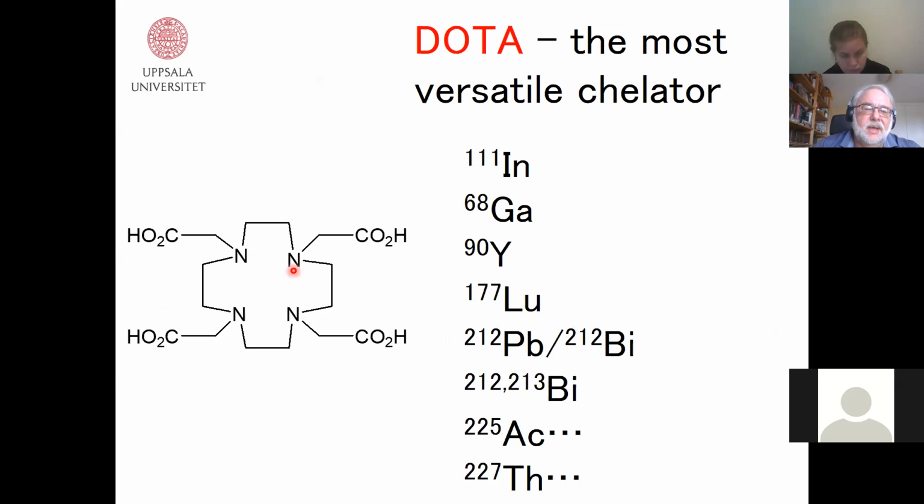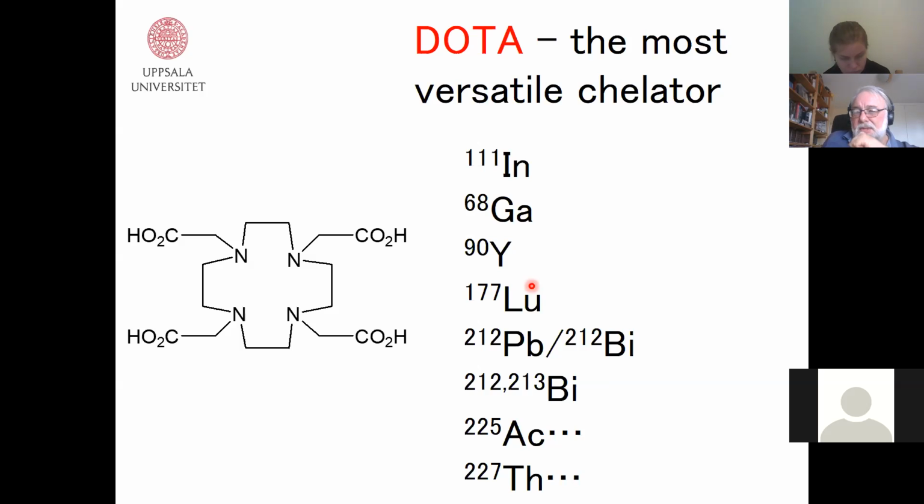It's a tetraaza chelator containing 4 nitrogens, and it proved to be reasonably stable in complexes with indium and gallium for imaging, SPECT and PET, for therapeutic high and low energy beta emitters, and with a number of quite heavy atoms like lead or bismuth or even actinium and thorium, which can be used for alpha particle mediated therapy. And thorium is quite a big ion.